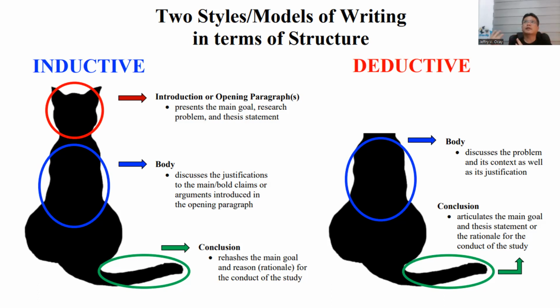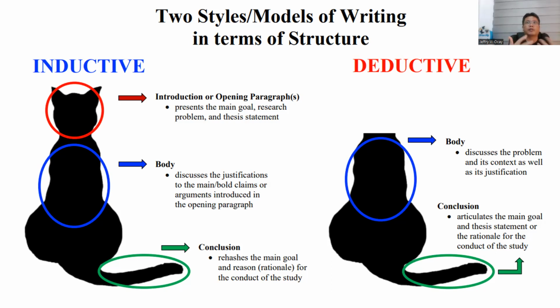In the case of the deductive style of writing, you know too well that you need to discuss right away the research problem or research gap that you want to see addressed in the paper. And then you know that you're going to discuss the context as well and justification.